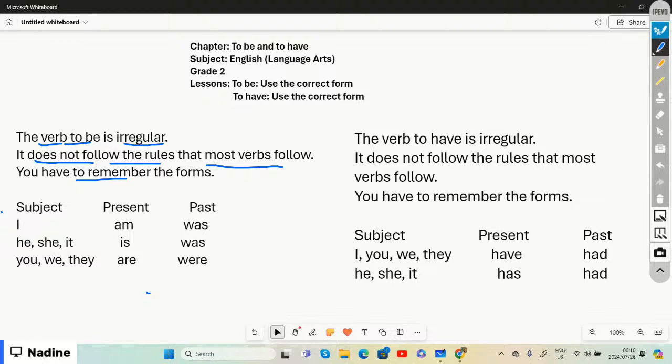So if we have a subject that is I, and we want to say something that I'm doing now, then we can say I am washing the car. And in the past, we can say I was washing the car.